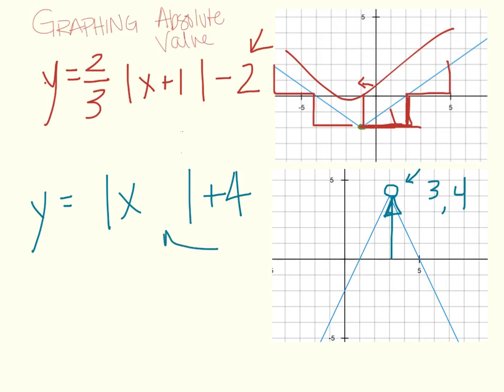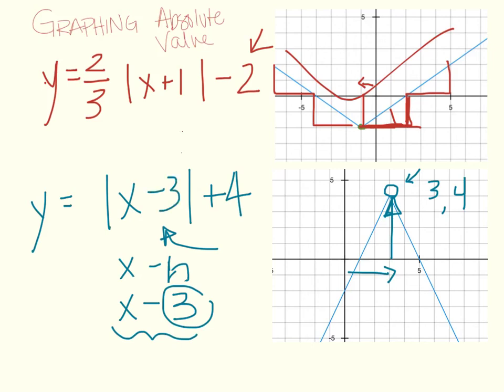And to move things over 3, it was this guy, but remember, it was x minus h. So we want x minus 3. Because remember, this is my positive value, but it always is x minus h. So we have minus 3. And then my slope is going down, and it is the rise over the run of 2 over 1, but it is a negative slope.